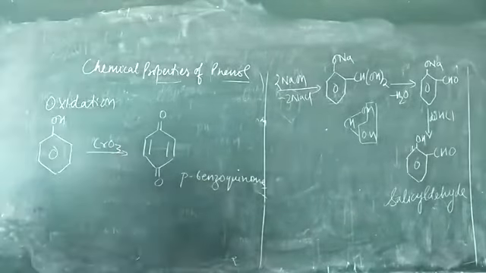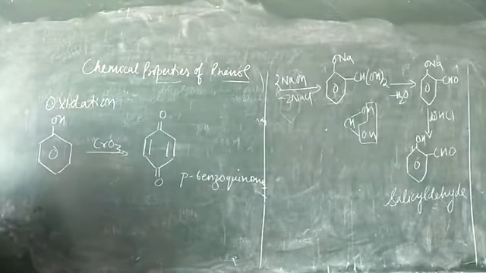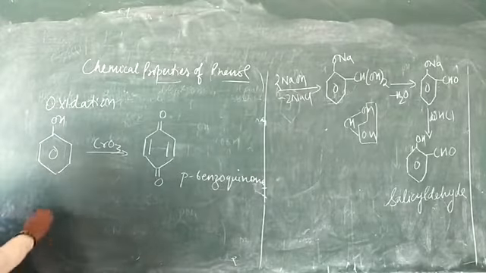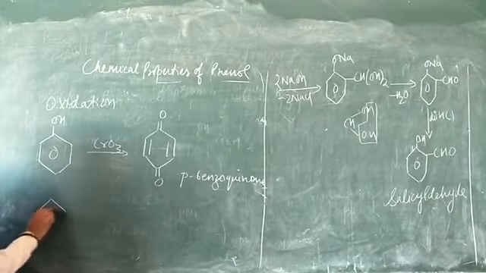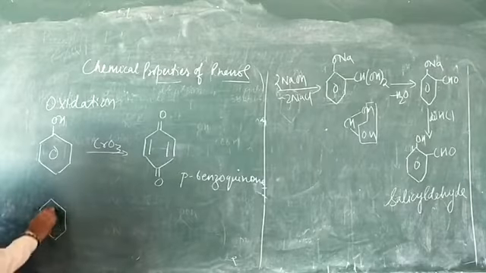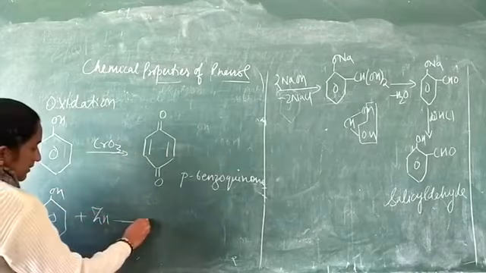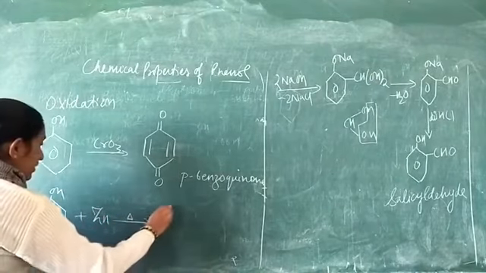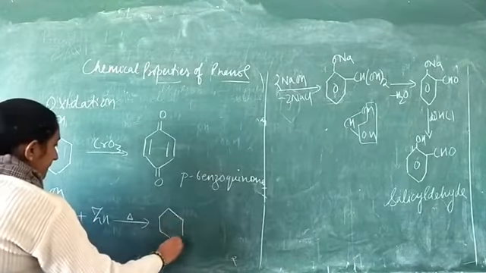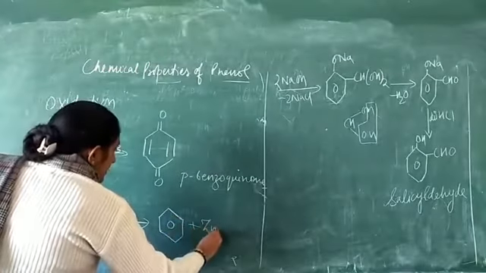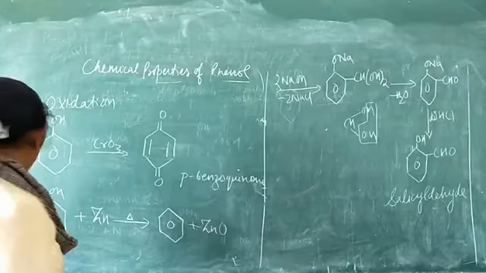Another reaction which the phenol undergoes is that it can be reduced to benzene when phenol reacts with zinc dust, or it is heated with it. It will form benzene and zinc oxide is obtained.